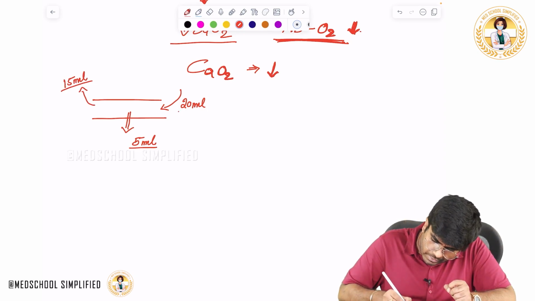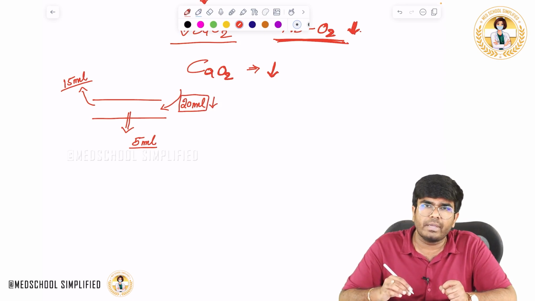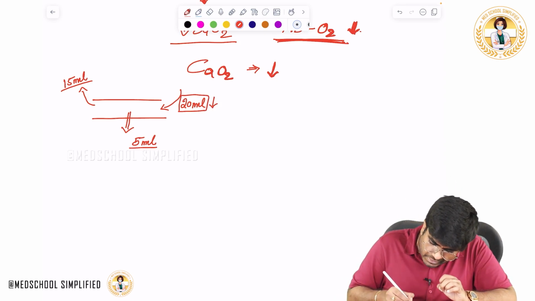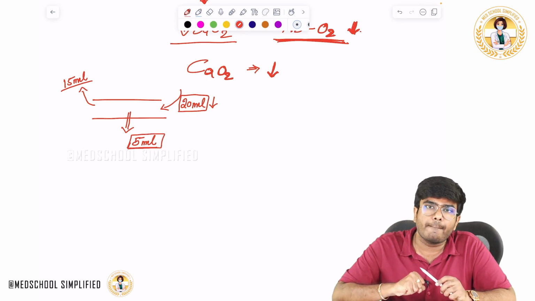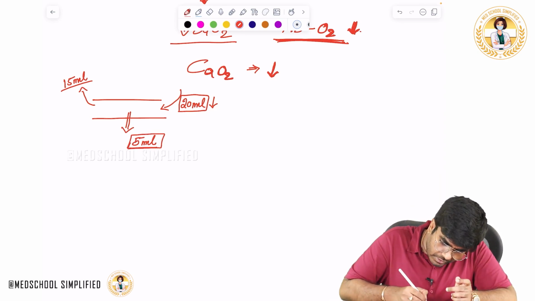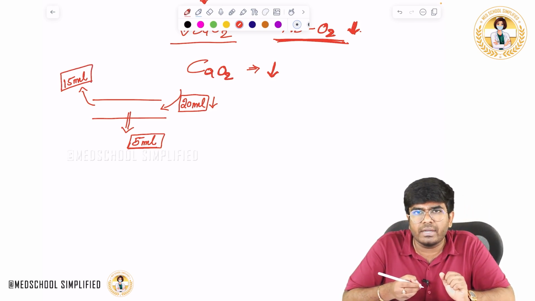Now, the content of oxygen in the arterial blood is decreasing, maybe from 20. But your tissues always require 5 ml, this is constant, so they are going to take the 5 ml. Now, what happened to the venous blood? It is also going to decrease.